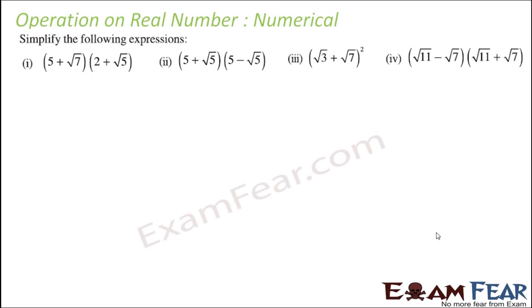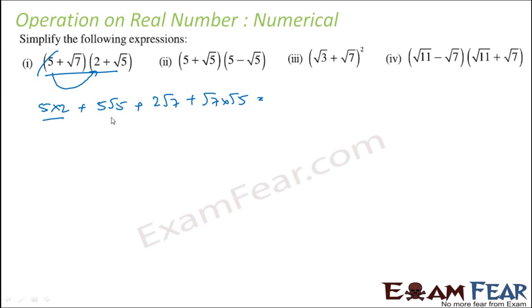Let's do some maths. We'll simplify these expressions to be more confident on operations on real numbers. Let's take the first one: 5 plus root 7 into 2 plus root 5. We'll first multiply 5 into 2, plus 5 into root 5, plus root 7 into 2, that is 2 root 7, and then root 7 into root 5.